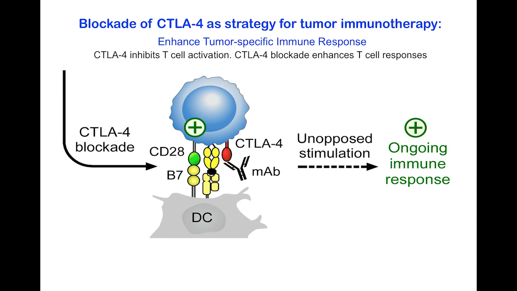So if we block CTLA-4, we can then have unopposed stimulation through CD28 and promote an ongoing immune response. And it was Jim Allison who first had the idea, when he saw the phenotype of the CTLA-4 knockout, to develop this strategy. Early on, he was the one who had tried to stimulate immune responses by putting B7 molecules into tumors.